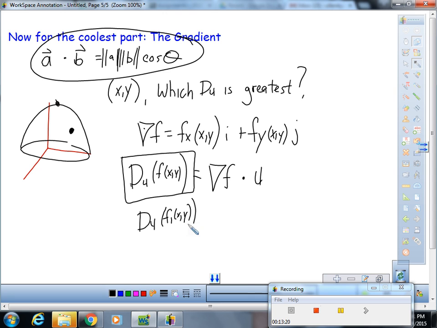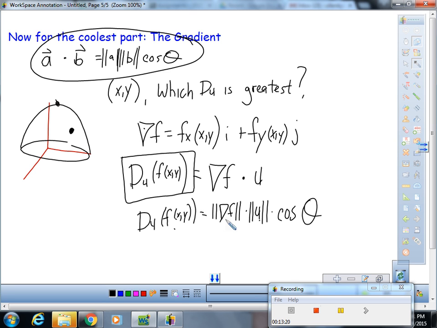Let's write the directional derivative as the magnitude of del f times the magnitude of u times the cosine of theta, where theta, if you remember this, is the angle between these two vectors. Okay? Got it?